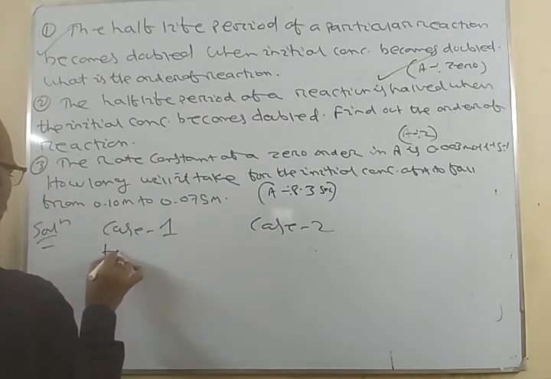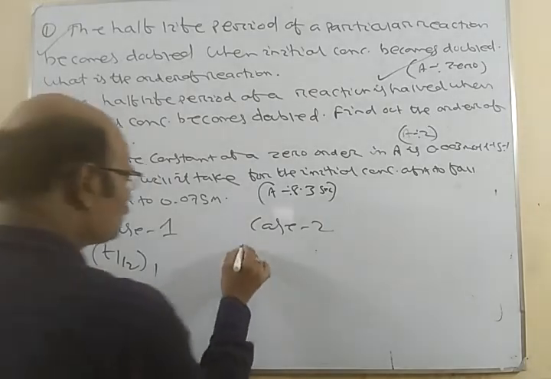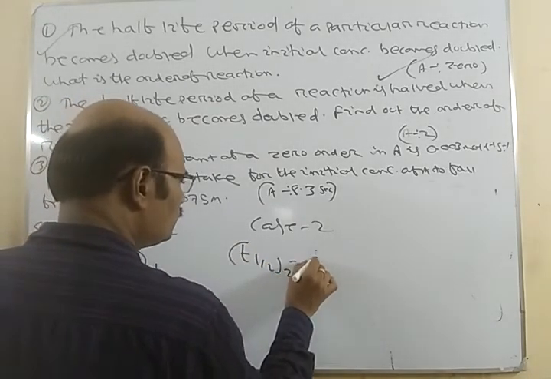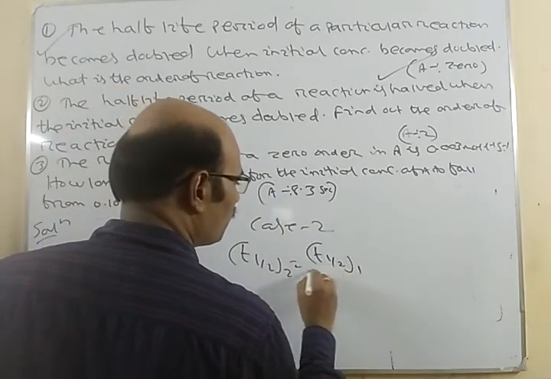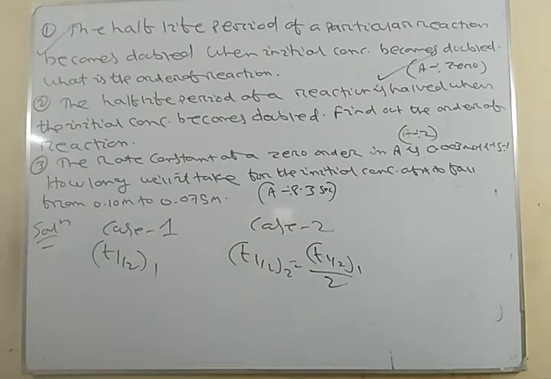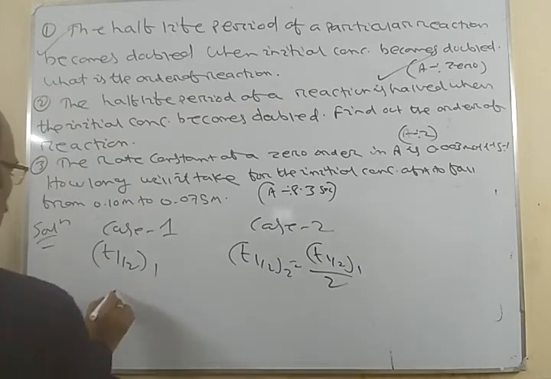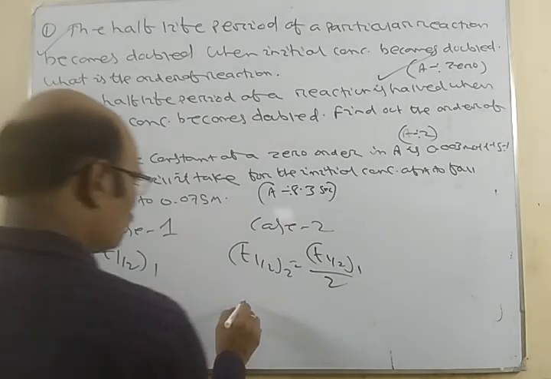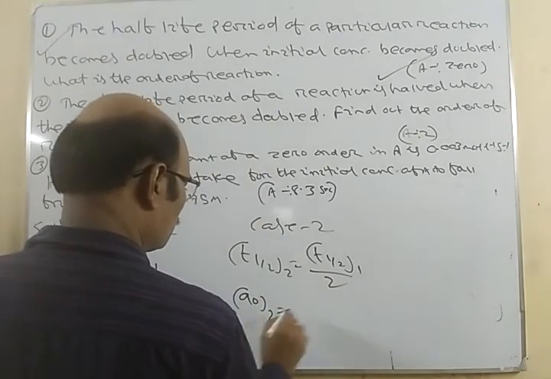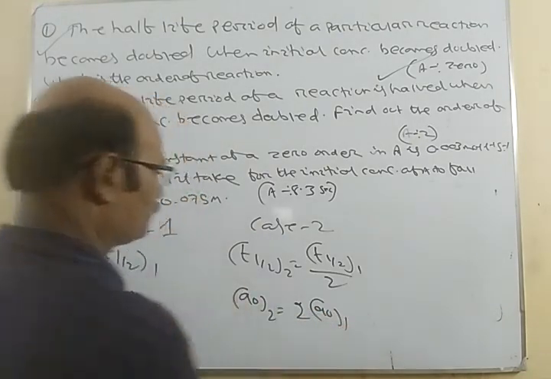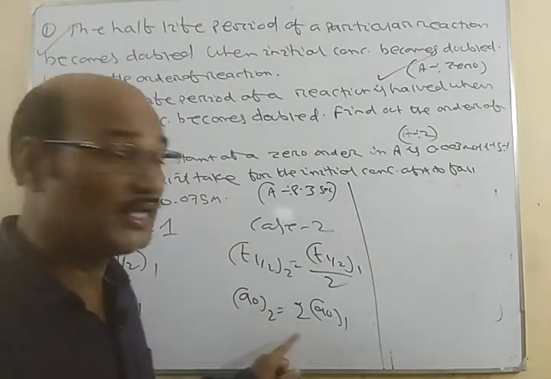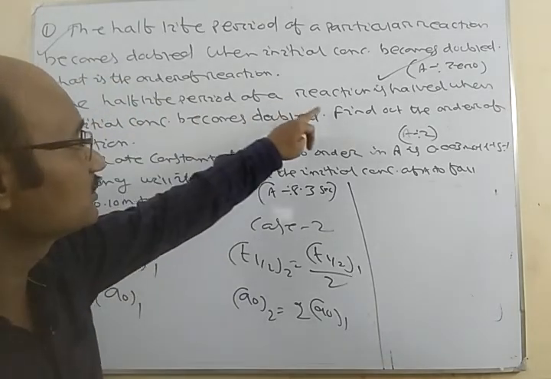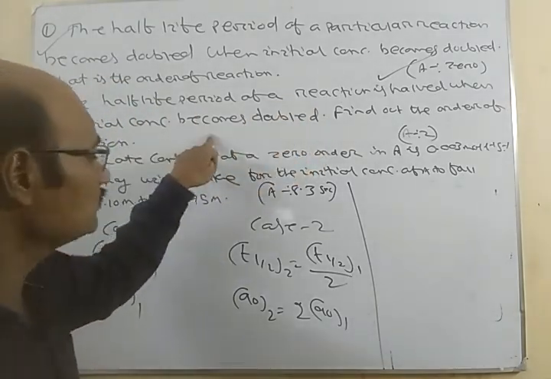So here your half-life period, suppose T half 1, becomes T half 2 equal to T half 1 by 2. The half-life period of the reaction is halved when the initial concentration becomes double. So here A01, A02 equal to 2A01, because the half-life period of the reaction is halved when the initial concentration becomes double.